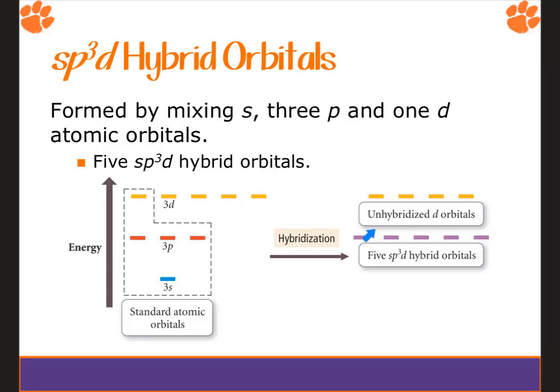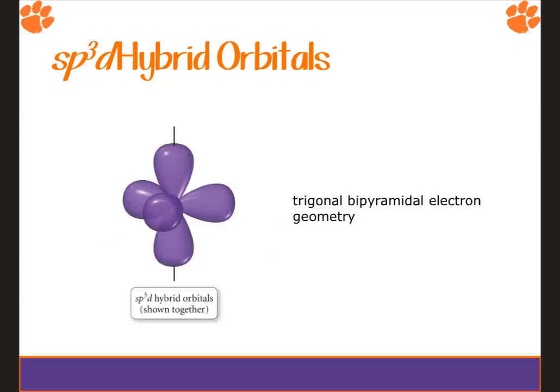You've got your 5 hybrid orbitals, all at the same energy level, and then this leaves you with 4 unhybridized d orbitals. All of these come together to make that happy trigonal bipyramidal shape we've seen when talking about something that has 5 areas of electron density around it.